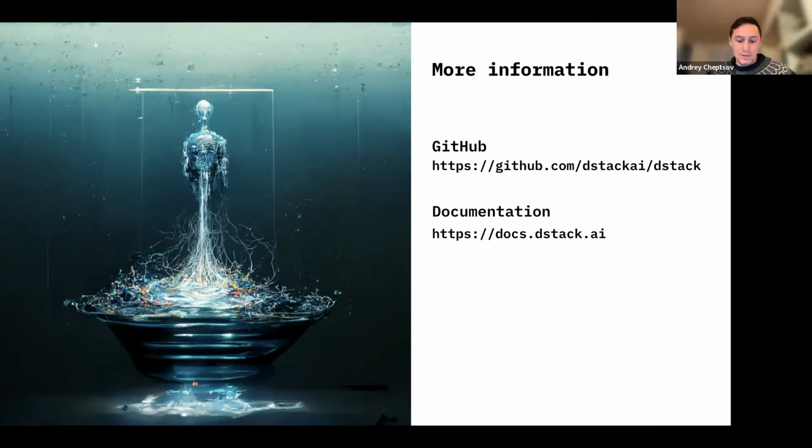If that was the question, it is not provided out of the box from dstack, but there are a number of ways of tracking these things. Probably the simplest one is using Weights & Biases because it's built in.